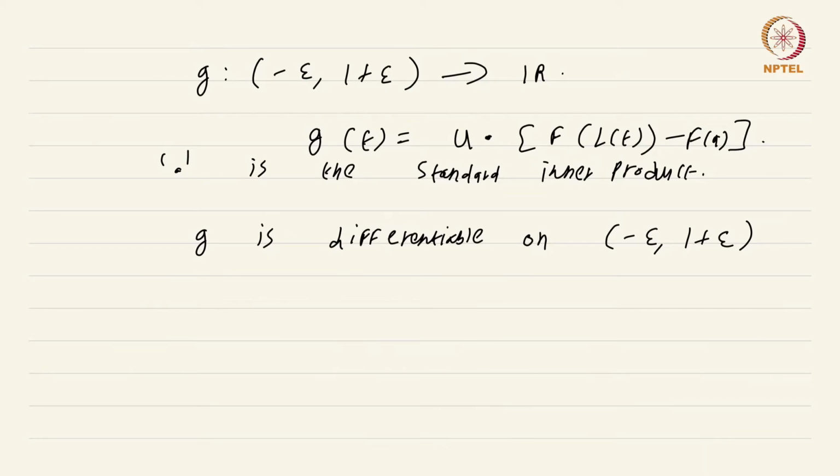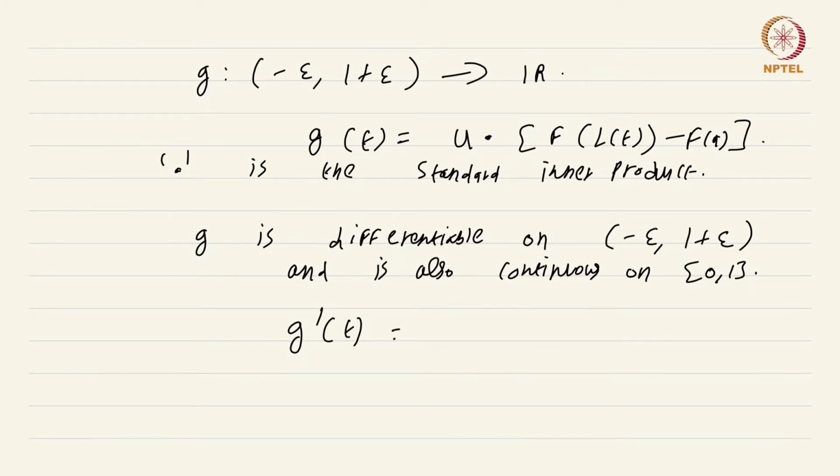This is differentiable as a usual classical one variable function, and because it's differentiable, it is also continuous on closed [0, 1]. Okay, excellent. And from the properties that we have seen, it's easy to see that the derivative g prime of t is going to be u dot product df taken at the point L of t, and this df taken at the point L of t acts on the vector L prime of t.